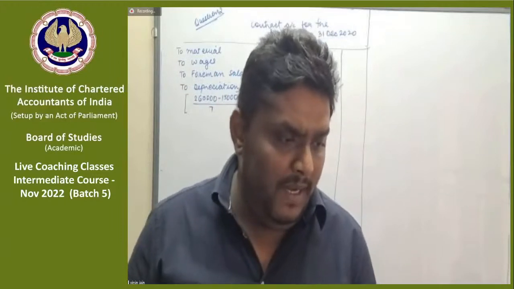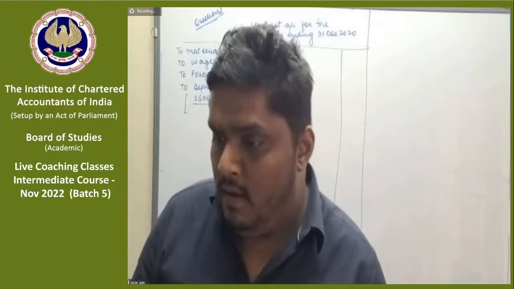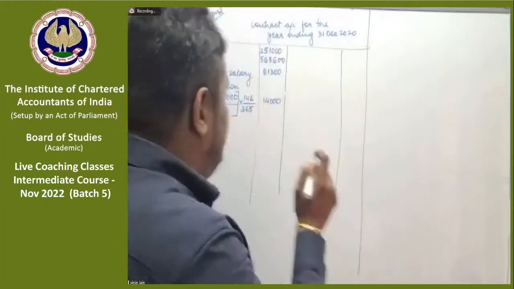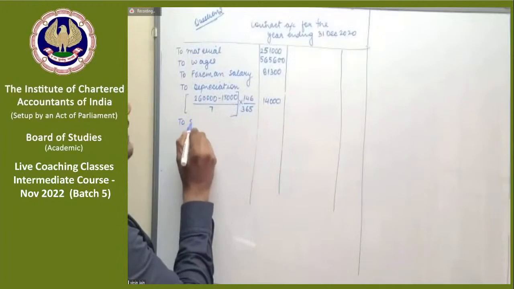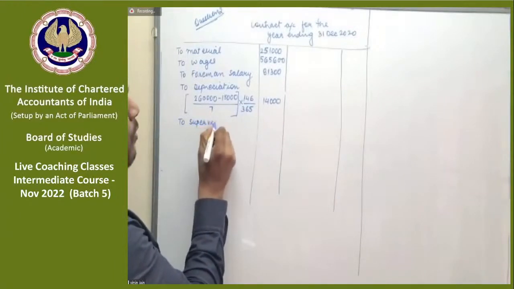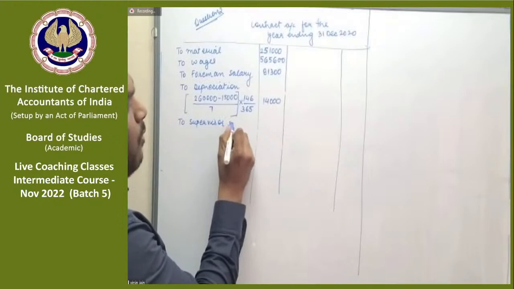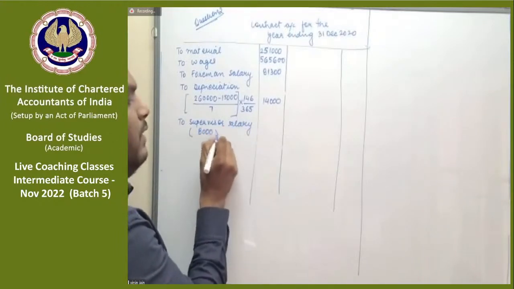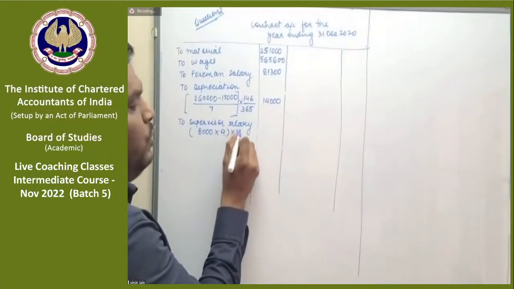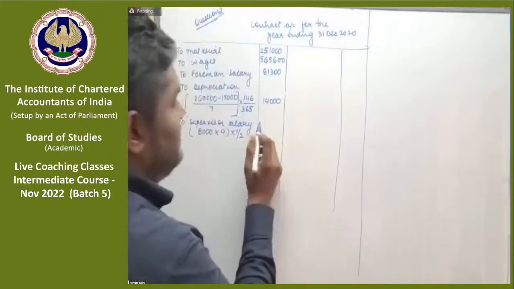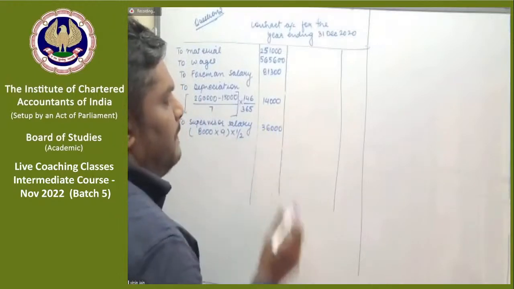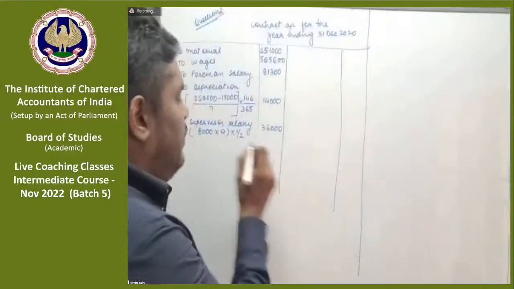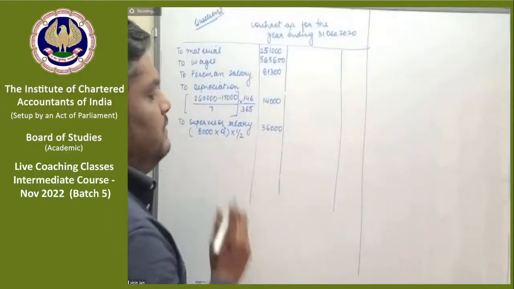Very good, Minka Kumari. A supervisor who is paid 8,000 per month has devoted half of the time to this contract. So to supervisor salary: 8,000 per month into 9 months into 1/2, that is 36,000. Since the details are given only for 9 months, very important, guys, you have to take 9 months.